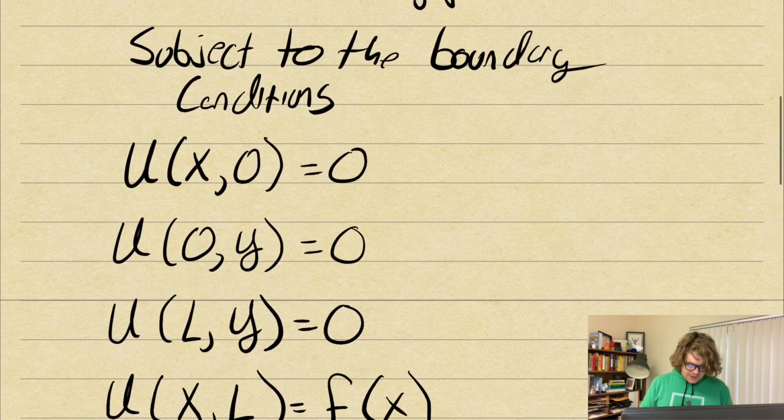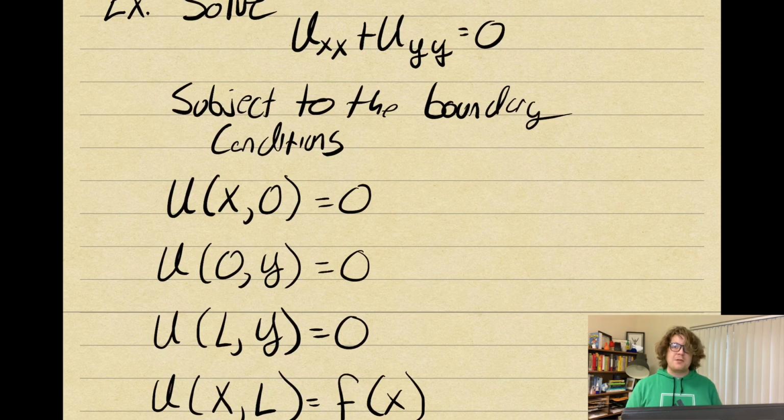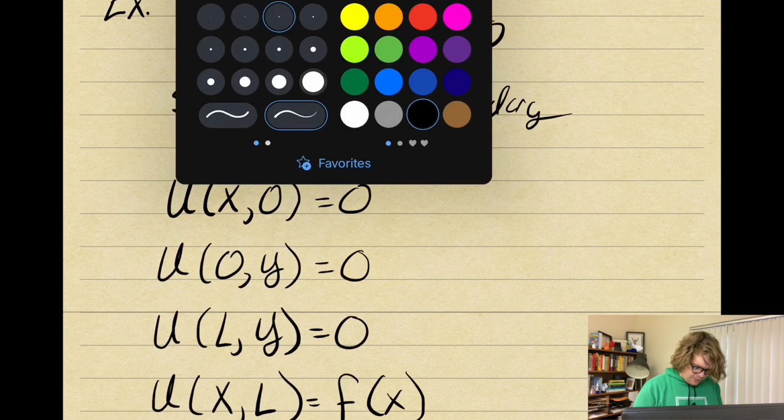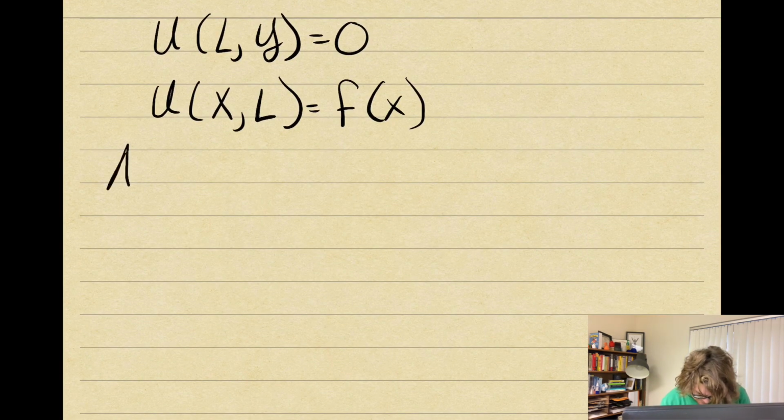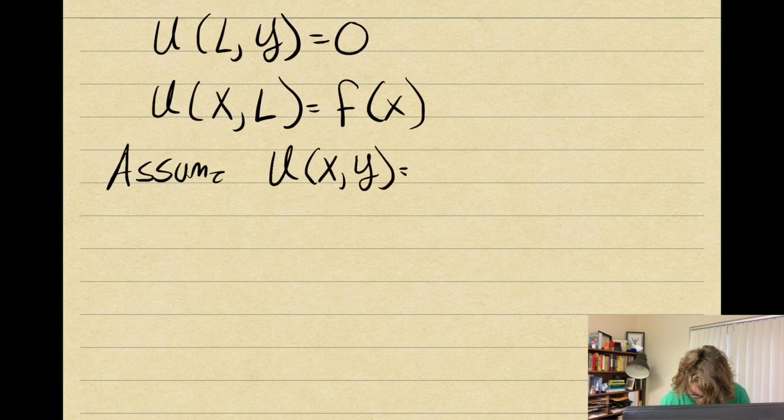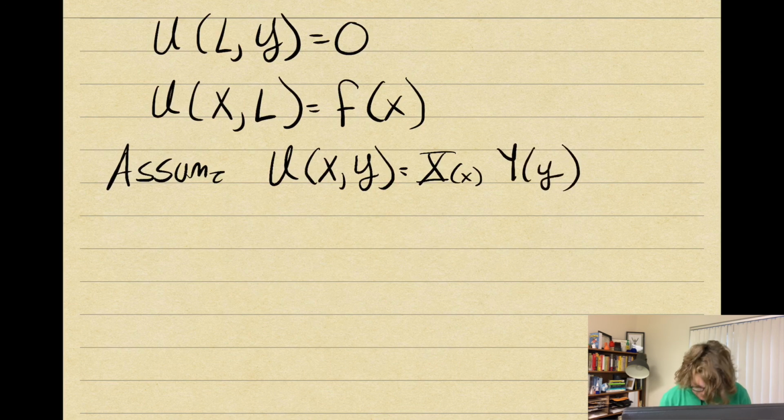All right, so the way that this is going to work is we are going to jump into it and we're going to start solving it the same way that we started the heat equation, the same way that we started the wave equation. So we're going to start with a pretty simple assumption. We're going to assume that the solution is going to look like a function of x times a function of y. We'll take our partial derivatives, we'll substitute them back in.